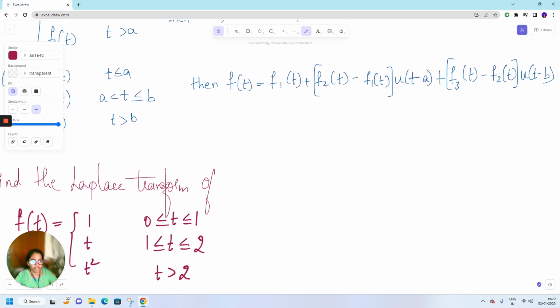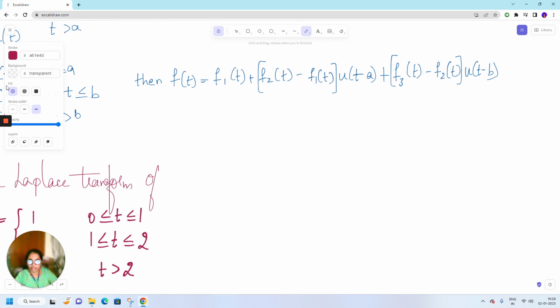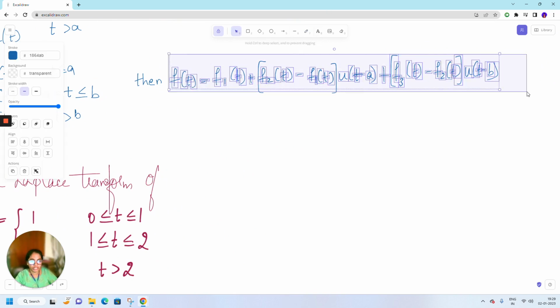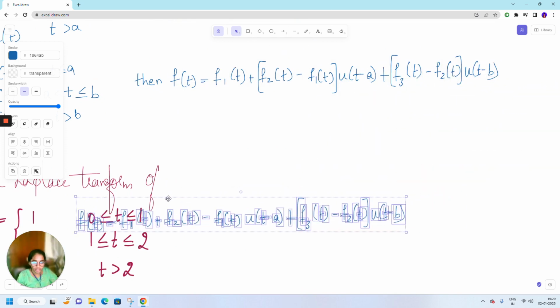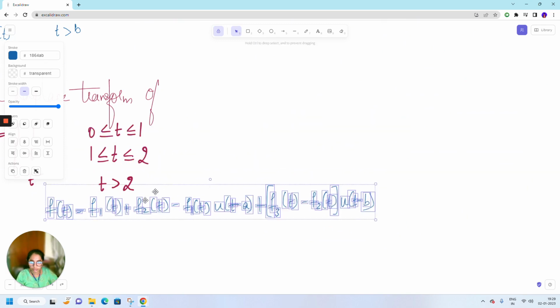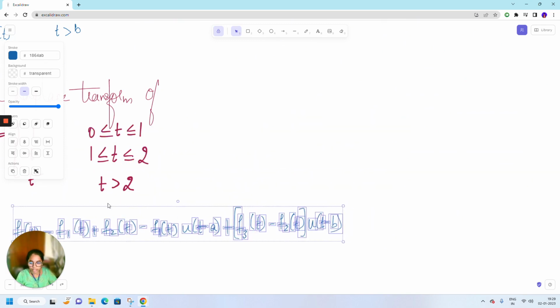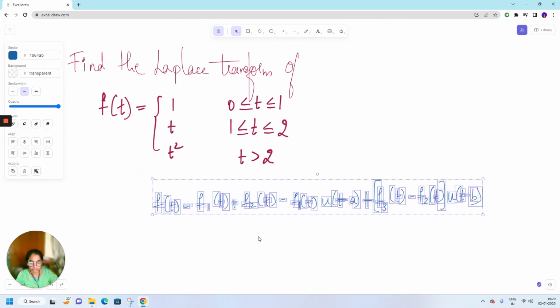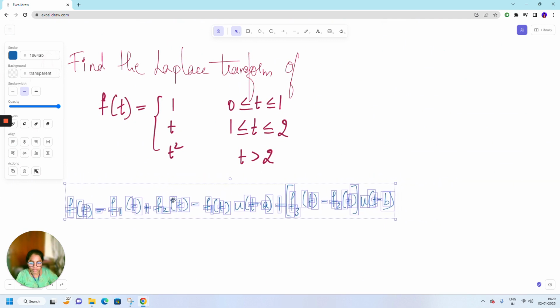So when you have three functions, this is the formula. First write down f of t in this form. Then you substitute it. In place of f1 of t, what should I substitute? This is the formula.